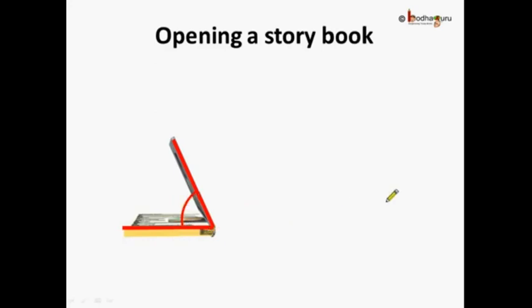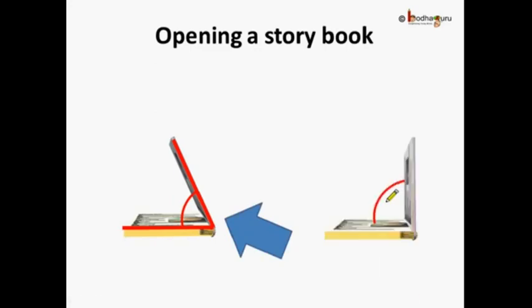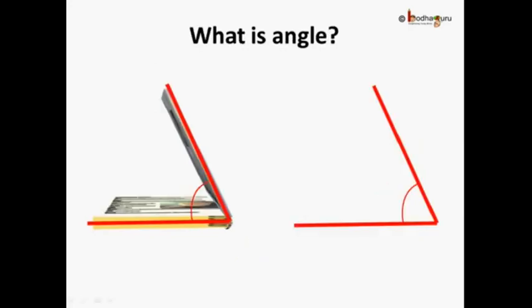And if we further open the book, what happens? The turn has increased. See, compared to this, the turn has increased as we open the book further. So what do you understand? When two lines meet each other at a point, they form an angle.